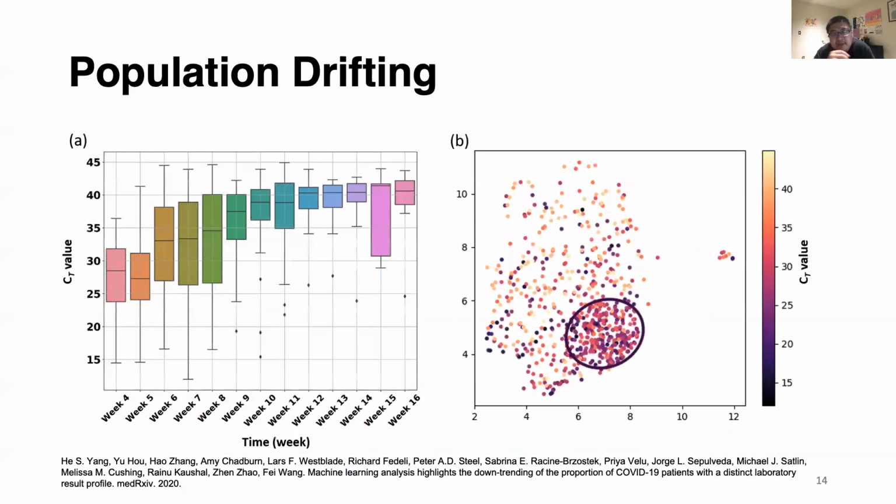But one problem is, as we said, our model is trained on the peak time in New York in our hospital. At that time it was not the wide testing stage. So patients who could get the RT-PCR test had to be really sick, with certain COVID-related symptoms.